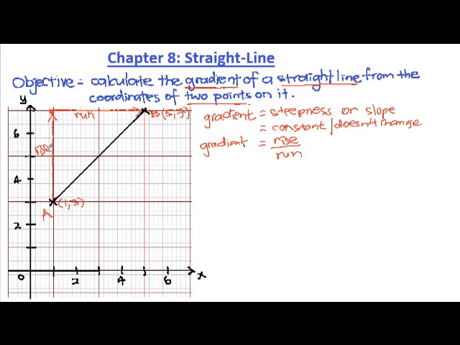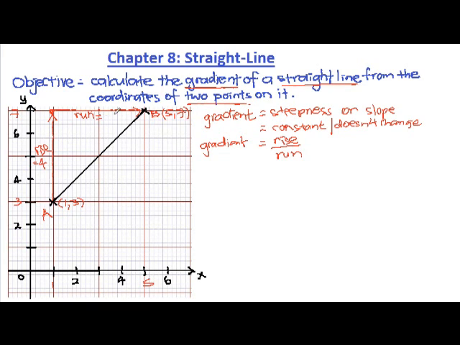Let's look at the value for rise. From A, we rise from 3 to 7. So we rise 4 units. From this point, we run from 1 to 5.